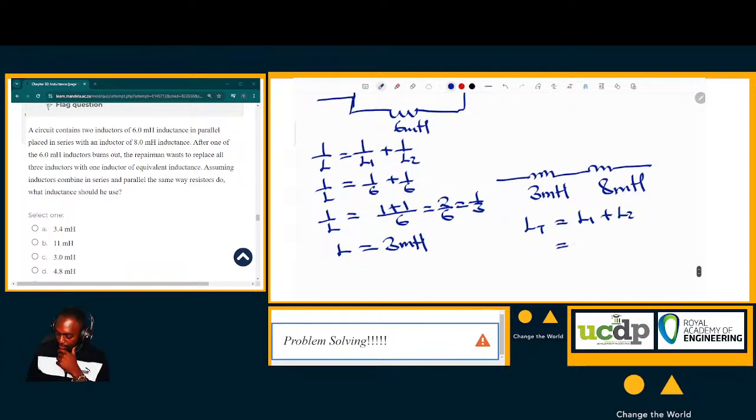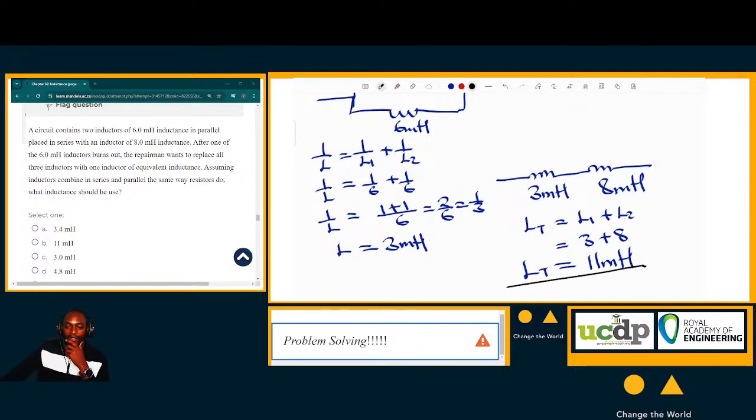So that will be 3 plus 8, which should be 11 millihenry. So I think it's B. How did you work out yours?